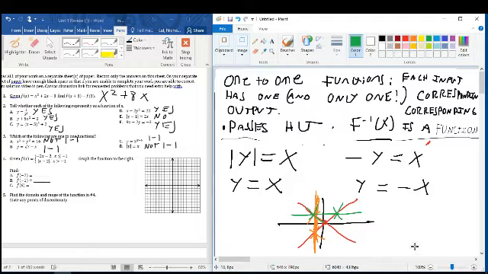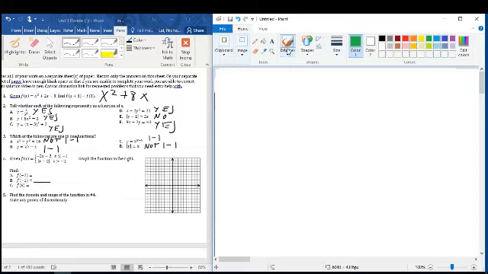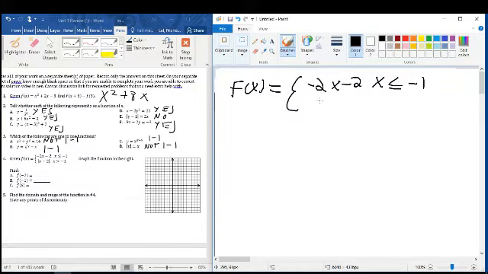For number 4. We have f of x is equal to negative 2x minus 2 when x is less than or equal to negative 1, and then f of x is equal to the square root of x minus 2 when x is greater than negative 1.